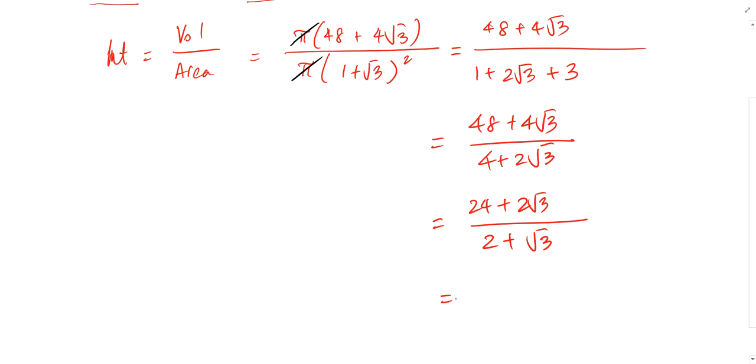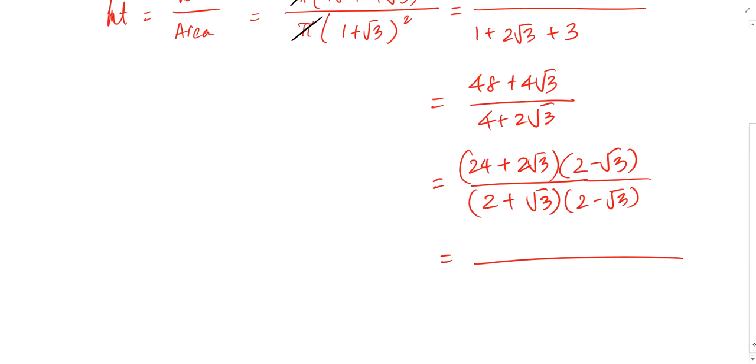Rationalize. What do we multiply the denominator by exactly? 2 minus square root 3. Excellent. Brackets 2 minus square root 3. Numerator 2 minus square root 3.